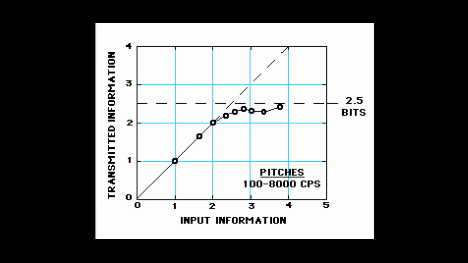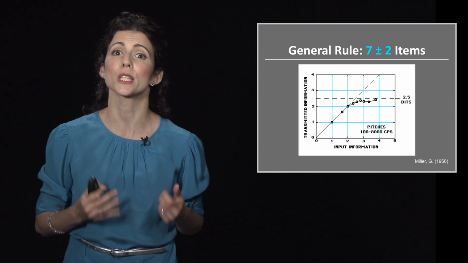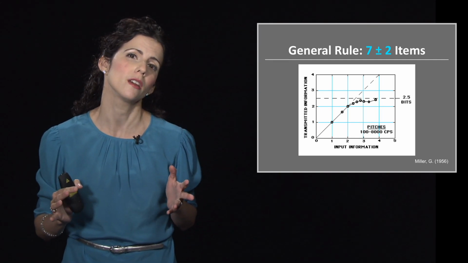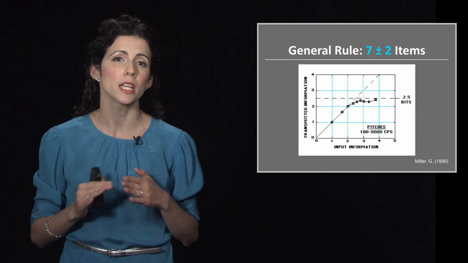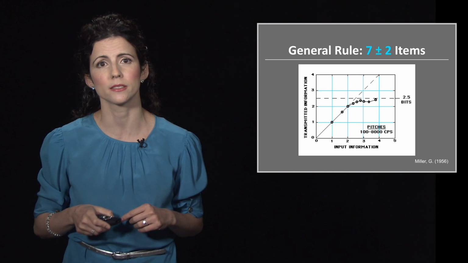However, as the number of different sound pitches increases to more than 3, the ability to distinguish between different sound pitches plateaus. In this same paper, George Miller summarized other experiments that tested the limits of working memory in distinguishing between different colors, tastes, points on a square, etc.